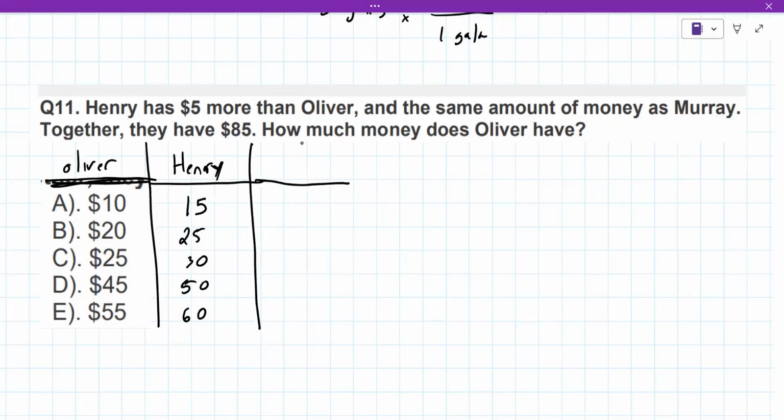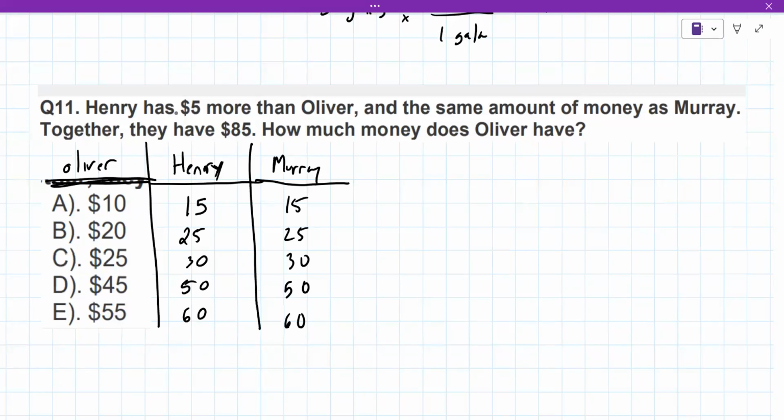Okay, now what do we know about Murray? How much money does Murray have? How do you read the first sentence there? Does Murray have the same amount of money as Henry or Oliver? Henry. So 15, 25, 30, 50, and 60. And what do they all have to add up to?